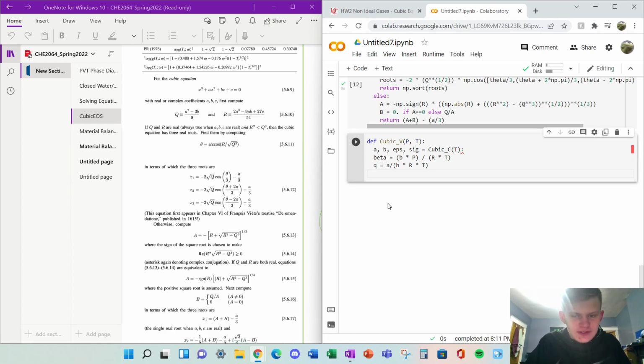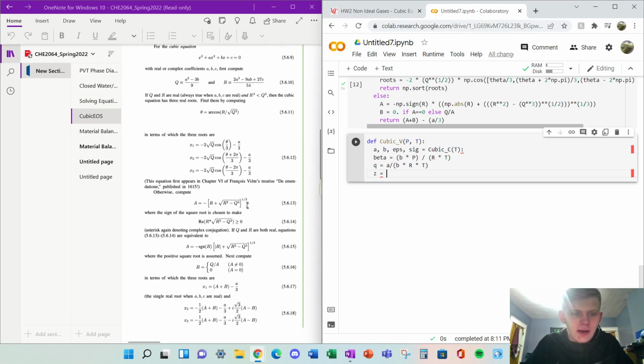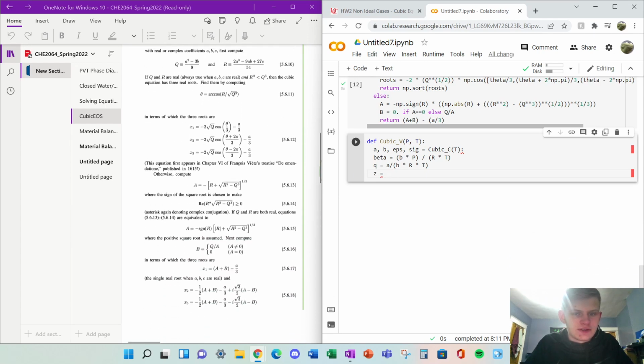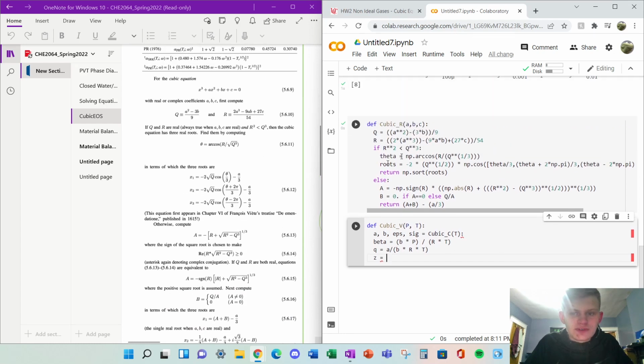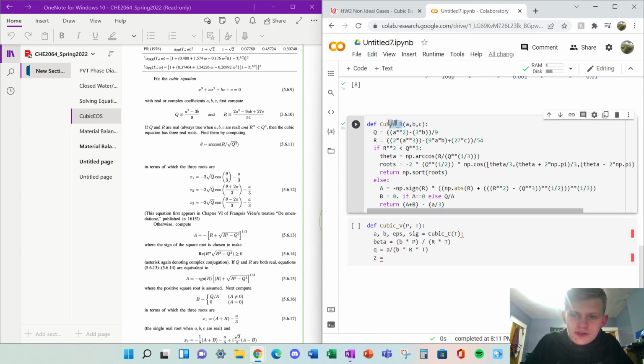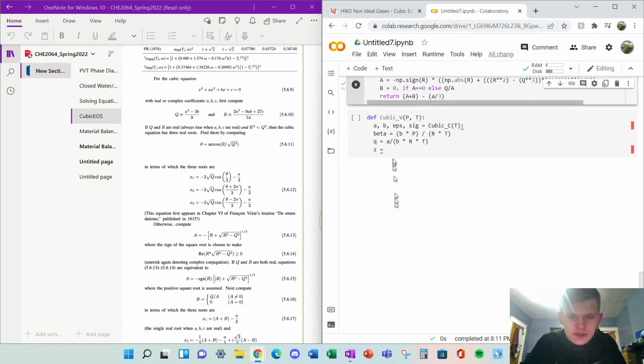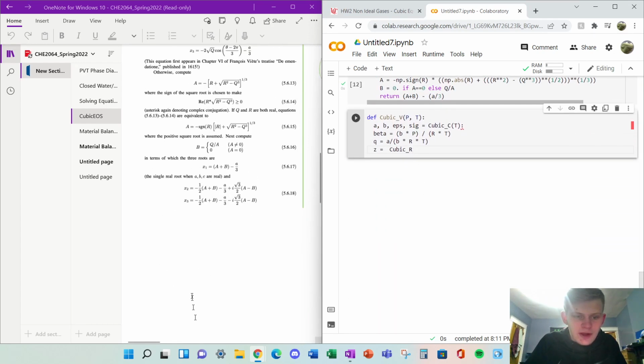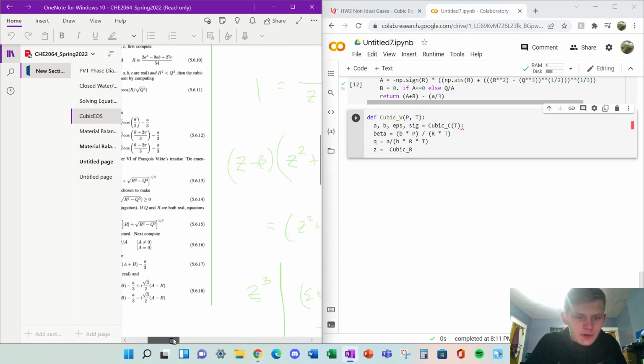Next thing we want to do is then set A value equal to Z. And if you remember from our original equation, we set our Z, our compressibility factor, as our sort of pseudo X value that has our roots connected to it. And since we have a root solver up here to find our roots of our equation, we're going to just copy and paste this down here. But instead of using A, B, and C, we're going to set our parameters that we found from our first part.